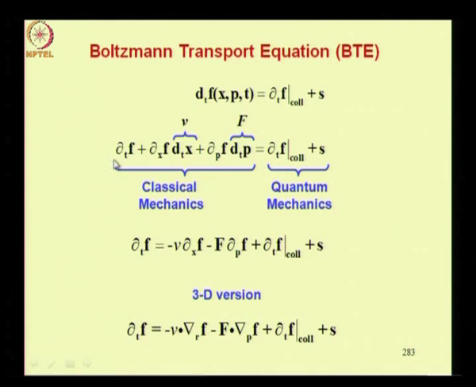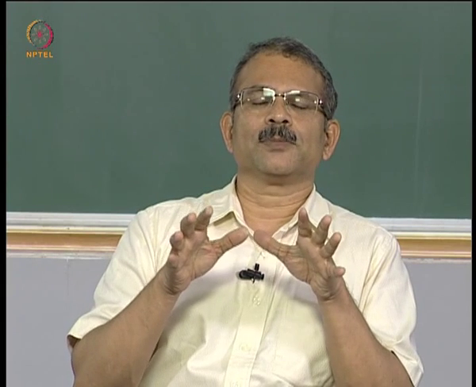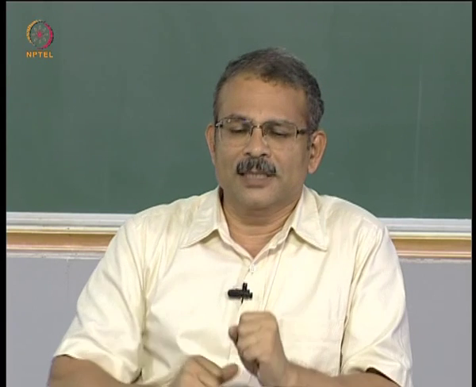So you expand, then you get dou f by dou t plus dou f by dou x into dx by dt, which is nothing but the velocity, plus dou f by dou p into dp by dt, which is nothing but the force. Now these three terms together represent the classical mechanics, and the right hand side terms have to be determined from quantum mechanics. So this is how the Boltzmann transport equation describes semi-classical transport, because it has both quantum mechanics and classical mechanics.